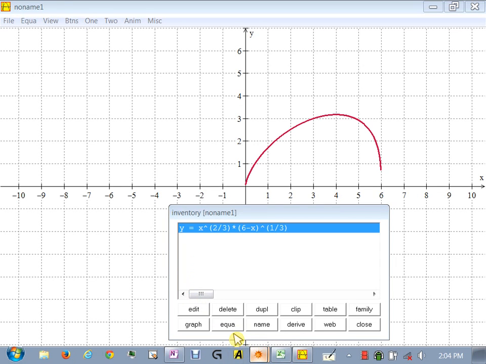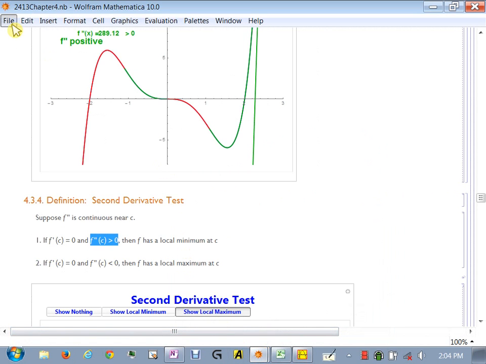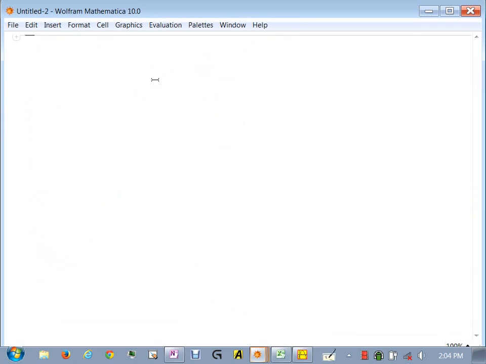Okay, so let me try something else. I'll bring in the big guns here. X to the 2/3 times 6 minus x to the 1/3. I've even had problems with this program doing it too.